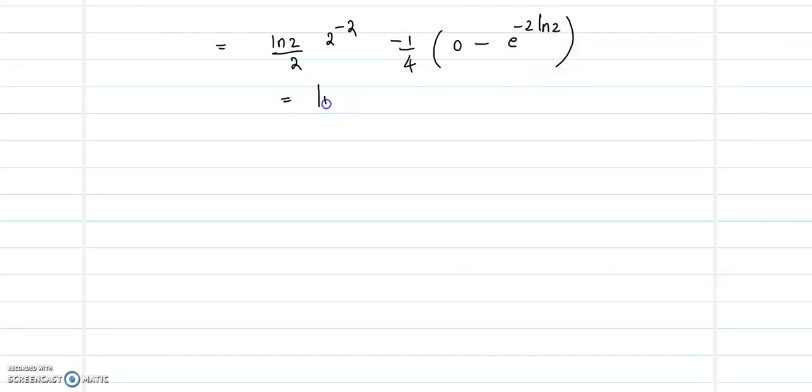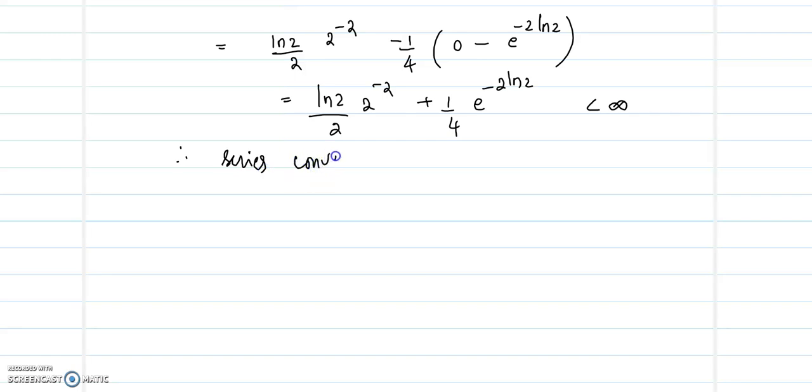So that will be (log 2)/2 times 2 to the minus 2 plus 1/4 e to the minus 2 log 2. So this value is going to be finite, so therefore the series converges by the integral test.